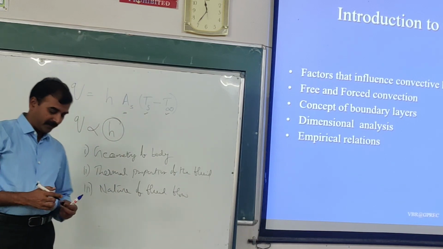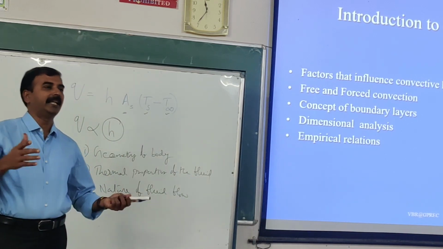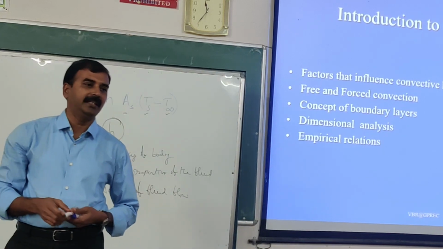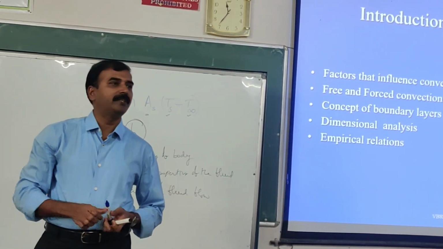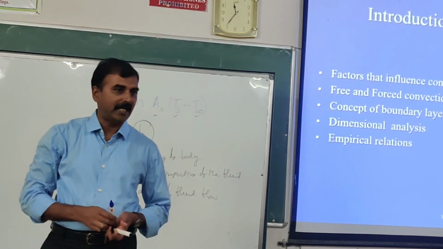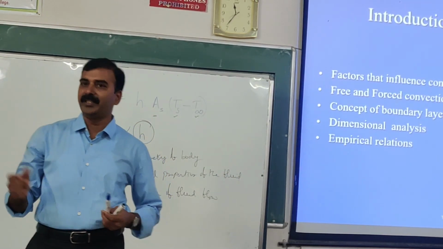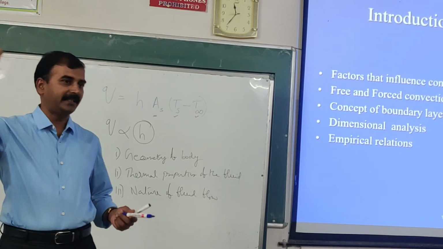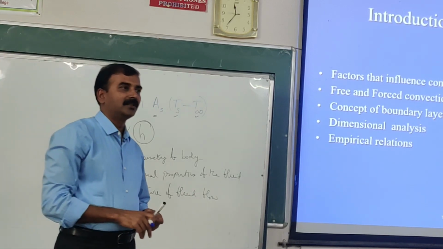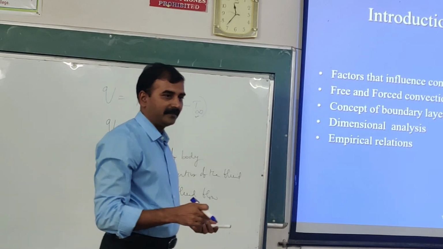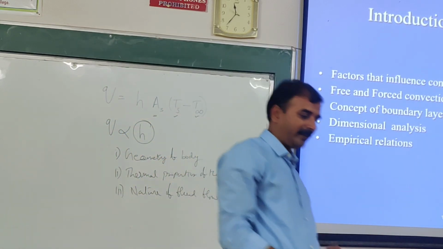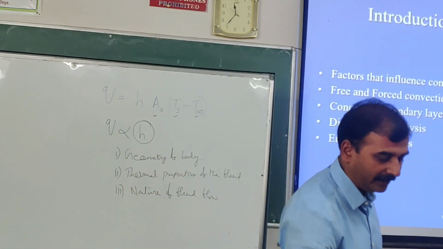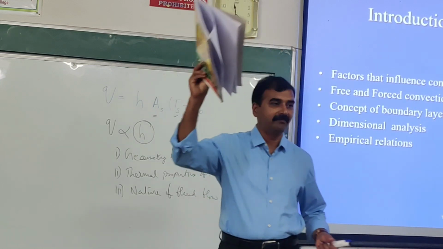The geometry of the body, that means the shape, size and orientation of the body over which the fluid is flowing, whether it is a flat plate or a cylinder or a sphere or a tube bank, a series of tubes connected in parallel. So that is the geometry or configuration of the body. See, why the geometry is important. For example, now this is a convective condition.